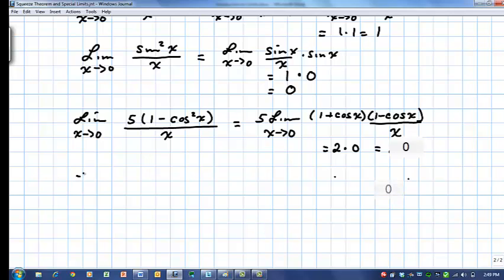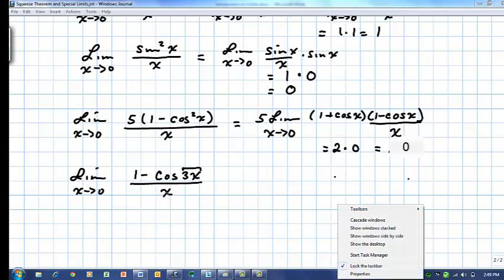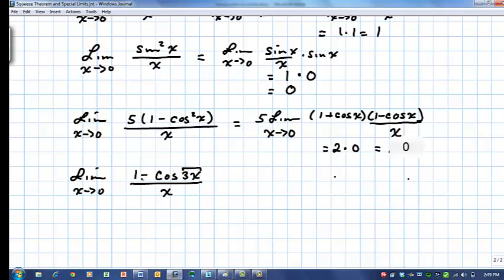One more example. If we take the limit as x approaches 0 of 1 minus the cosine of 3x divided by x. We have a little bit of a problem here because the argument of the cosine function is 3x, but in the denominator, I simply have an x. If this was 1 minus cosine x over x, I could directly apply my theorem.